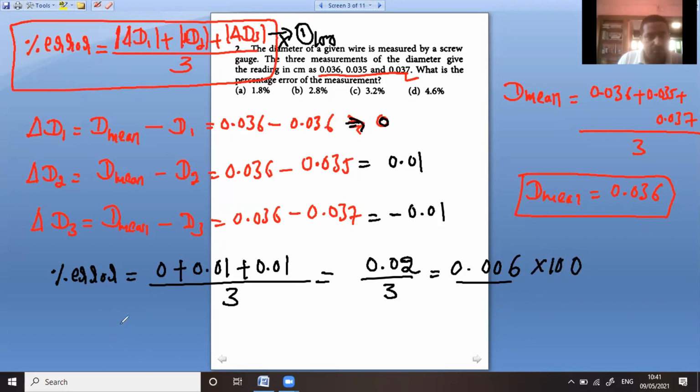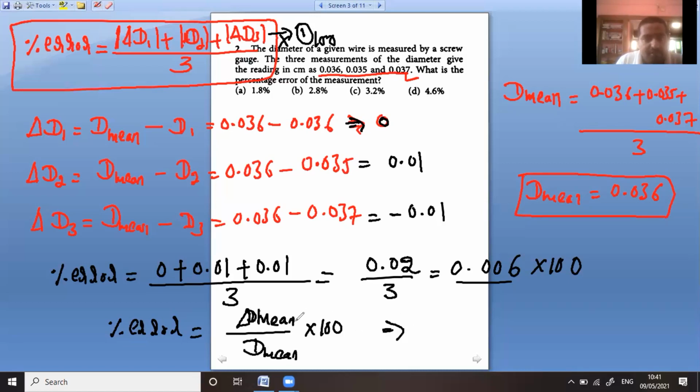The percentage of the error is equal to delta mean diameter divided by the mean diameter into 100. Okay, this is not the percentage.